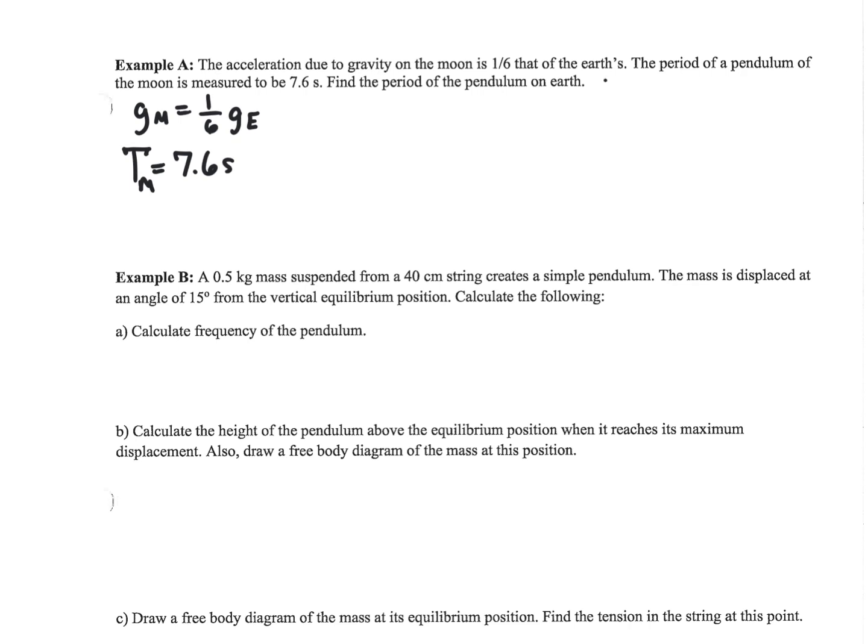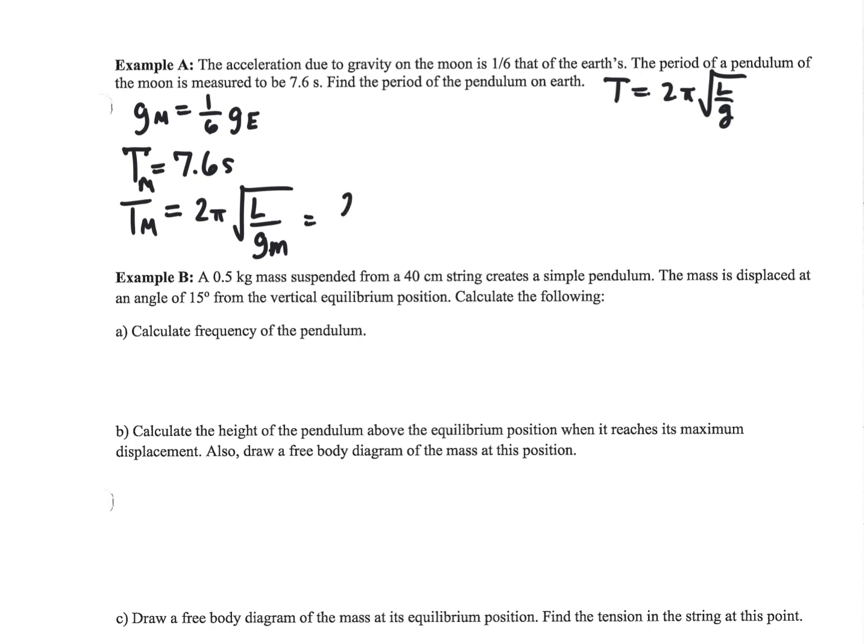We know that period is equal to 2 pi square root of L over g. So period for the moon has to be equal to 2 pi times the length. It's not going to change on the moon versus Earth, but the gravity will. Okay, so let's plug in.